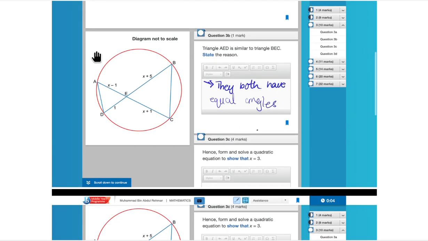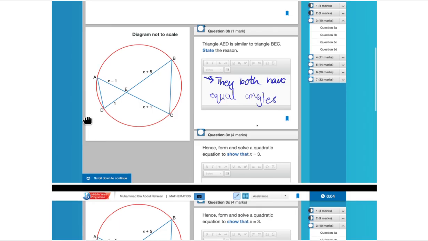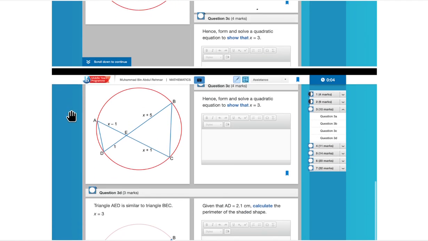Hence, form and solve a quadratic equation to show that x equals 3. Okay. Look, I can say that all of these angles are basically congruent to each other, right?